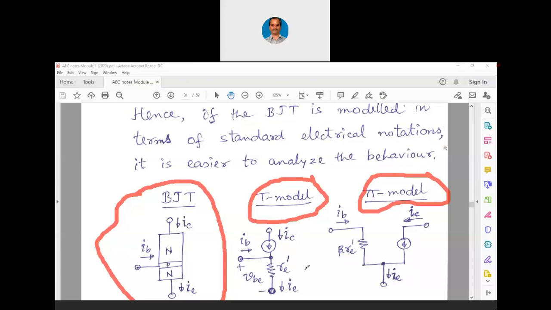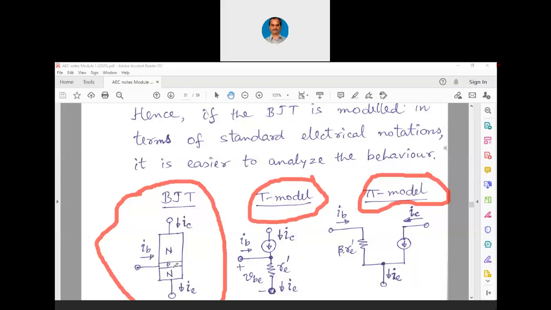Now let me discuss how these models are arrived at. Look at the picture at the left side where you see the BJT's diagram. IB we represent this way. Now from base to emitter there is a PN junction. That is, what is that? VBE. Now we have modeled this small vbe. It is not the capital VBE.